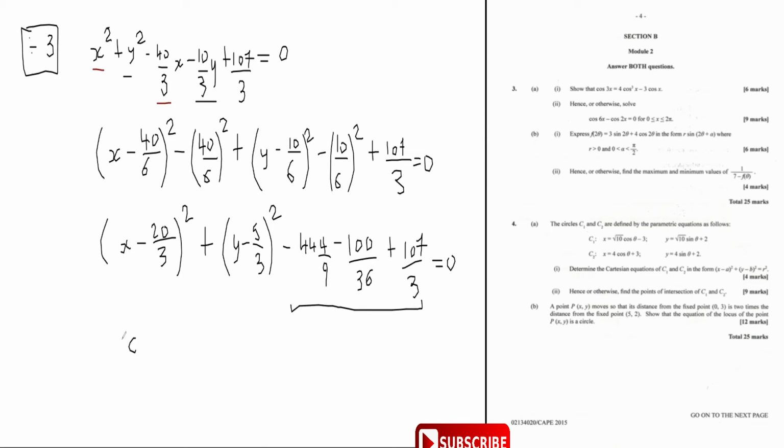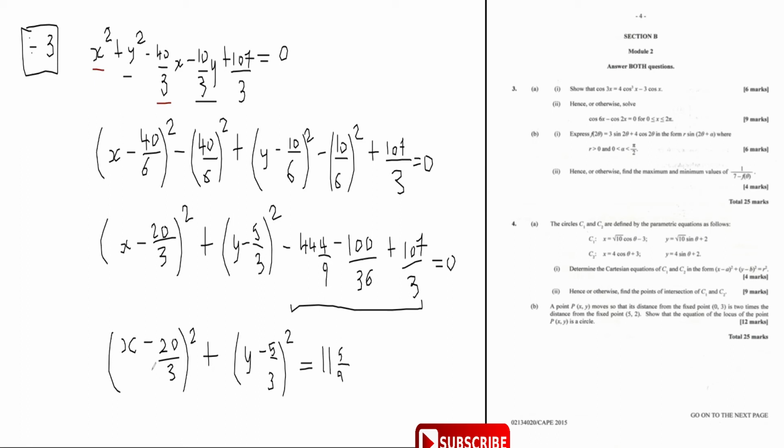Finally, what we get is x minus 20 over 3 squared plus y minus 5 over 3 squared, and I'm going to bring the sum over to the right side: minus 44 and 4 over 9 minus 100 over 36 plus 107 over 3. We're getting 11 and 5 over 9.